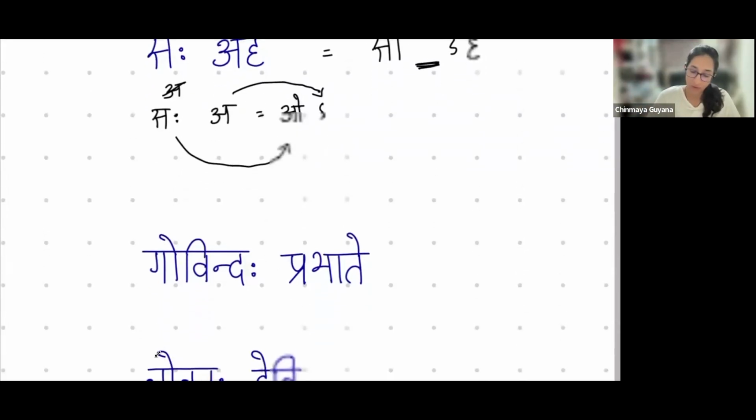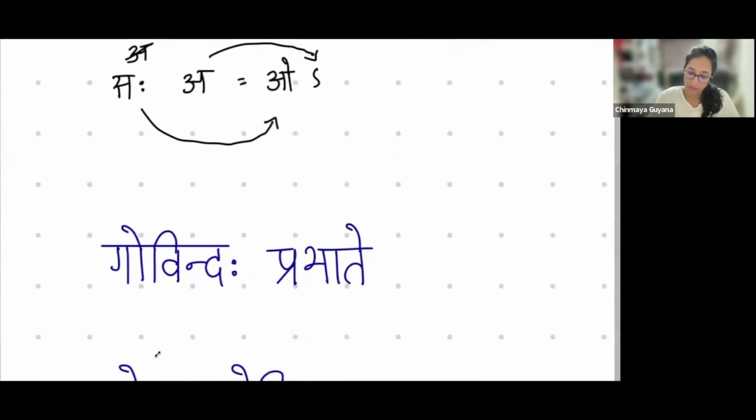Okay, next. Govindaha prabhate. So even if you're not now able to read all the letters, at least you should be able to know there's no vowel symbol before the da. So what is the vowel just coming with the visarga? Not aa, huh? Now see, this is where if you're pronouncing it wrong, you're going to get in big trouble. a and aa are different, right?